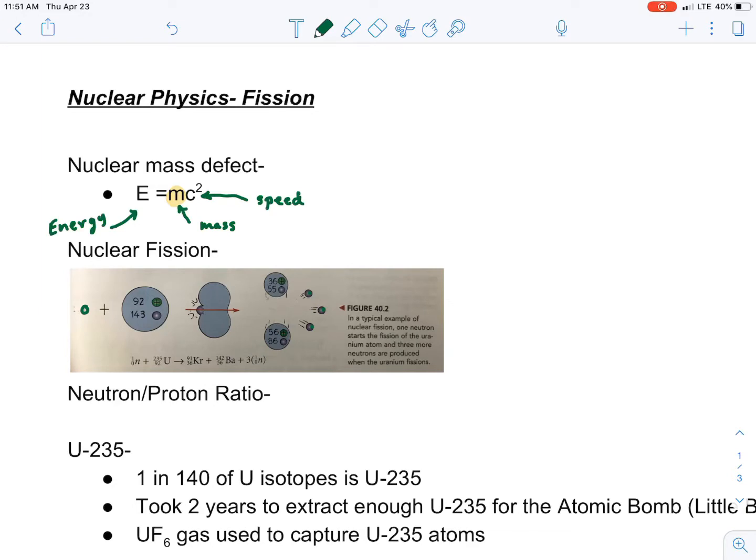If it seems too easy, that's the right way. And he came up with this equation, and this is the basis of nuclear energy and all the things that we're talking about in this section. But what is that mass? That mass is what we call the nuclear mass defect.